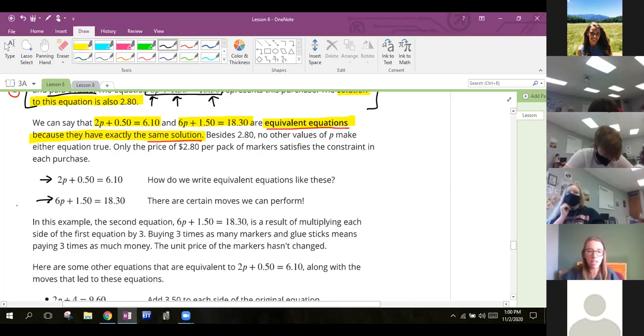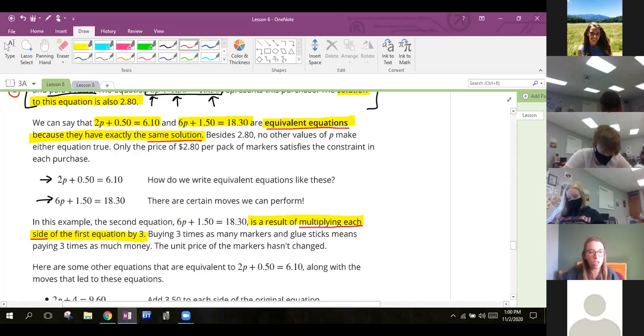So it says in this example, the second equation, 6P plus 1.50 equals 18.30, is a result of multiplying each side of the first equation by 3. Multiplying each side by 3.